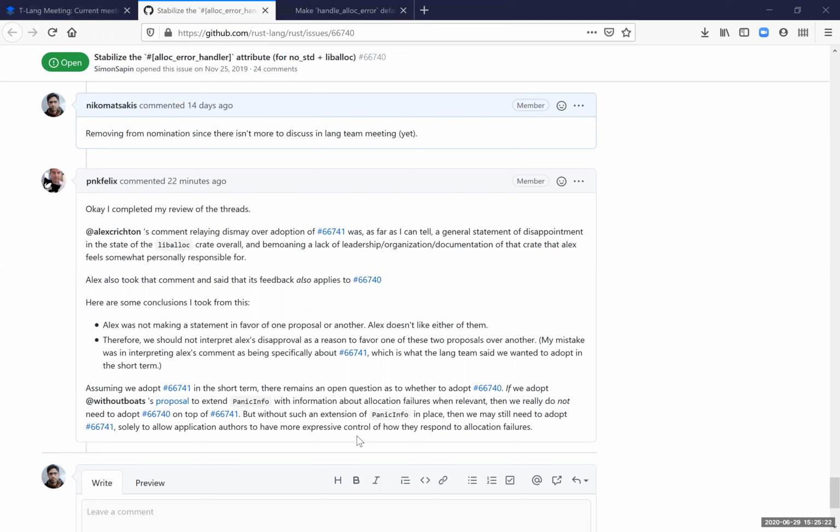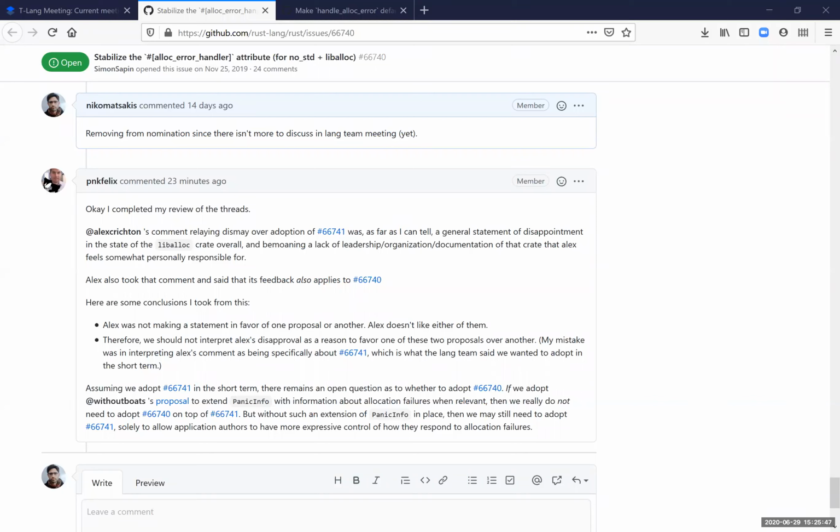I see. So the point is, currently we panic. And the proposal was, well, we have this way to intercept a panic. You could almost just use that, except that you need more information than what you have available. Well, to be clear, currently on Nightly we have this special attribute that you can write your own handler with, and the one in standard does end up panicking.